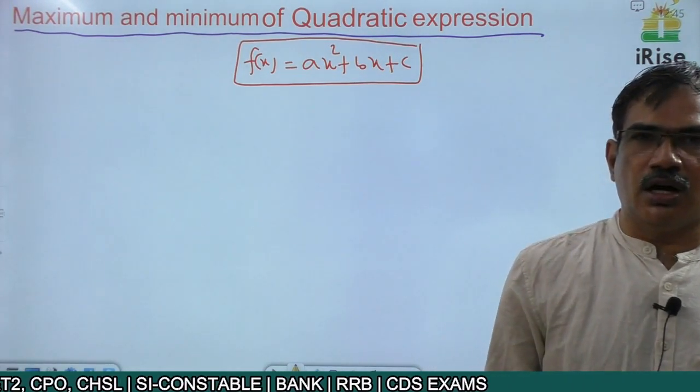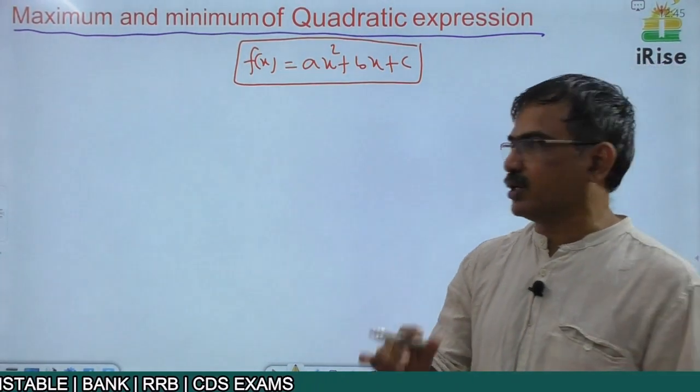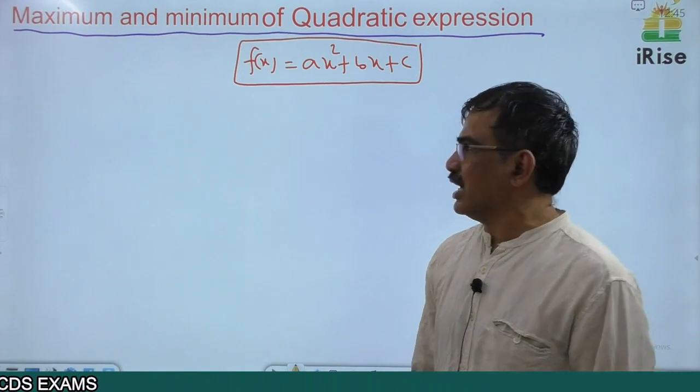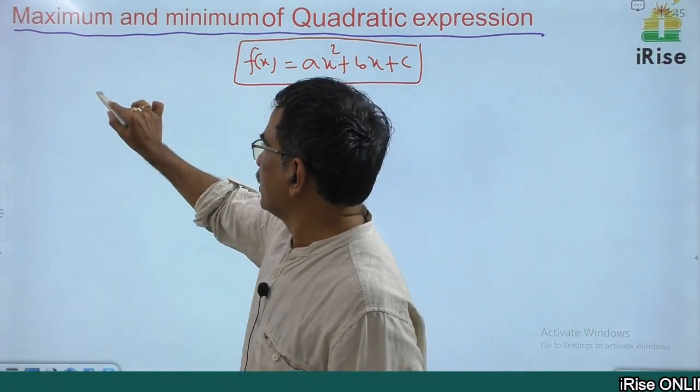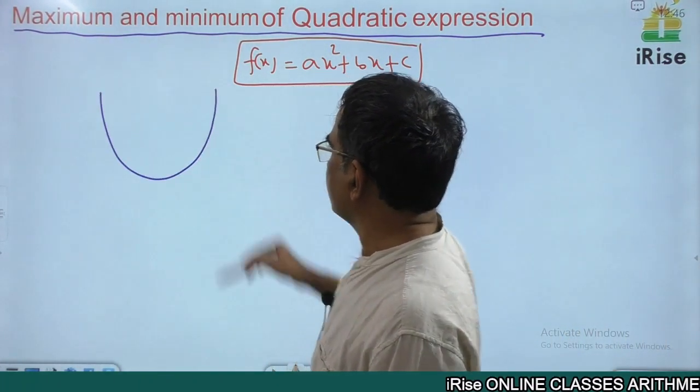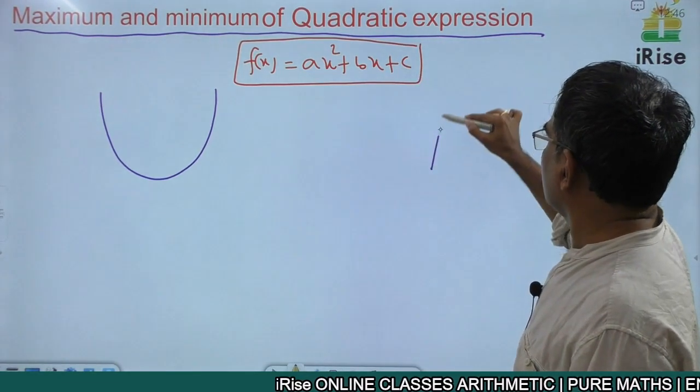A quadratic expression always represents a parabola. Here we have two types of parabolae: one is a downward parabola, the other is an upward parabola.